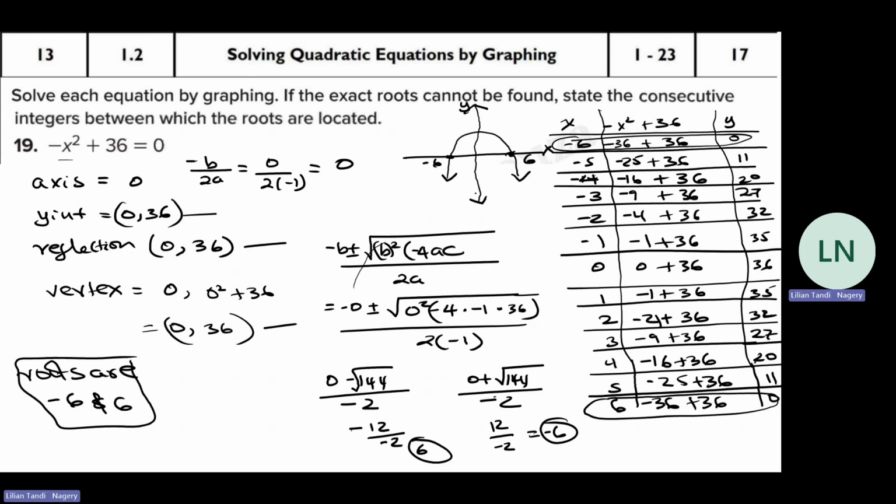So your y-axis is also the axis of symmetry. This is also your vertex, axis, reflection. So yes, there is a graph where all of them are there. The vertex, the axis of symmetry, the reflection, and the y-intercept are all at one point on this graph.